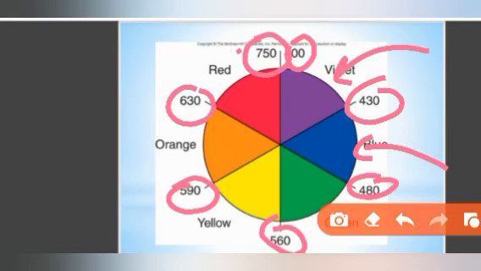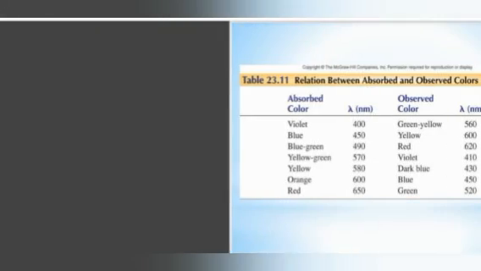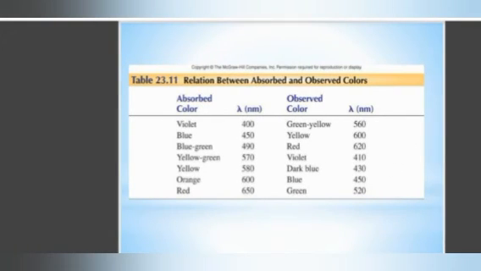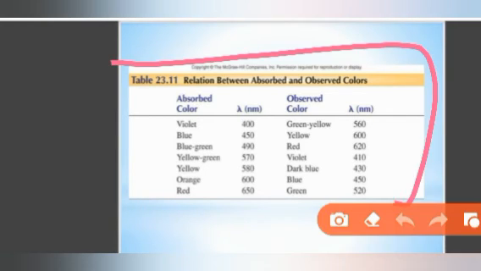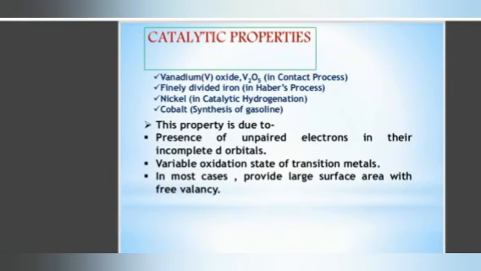So it is basically giving VIBGYOR, the rainbow colors: violet, indigo, blue, green, yellow, orange and red. This chart is giving the information about the wavelength because of which the colors are there.